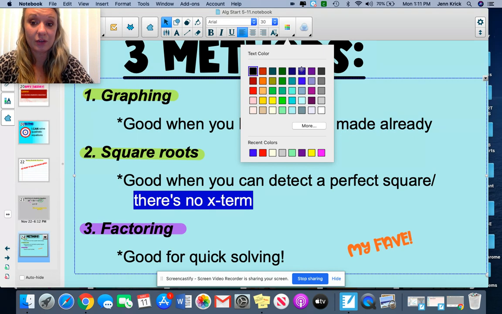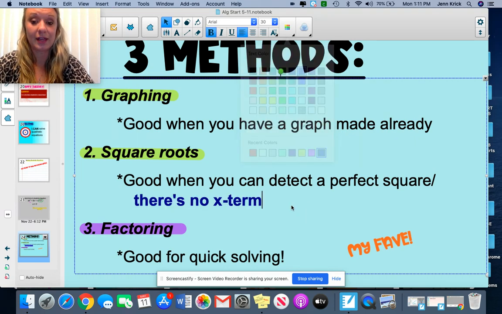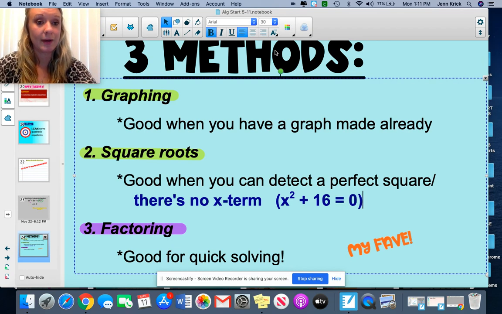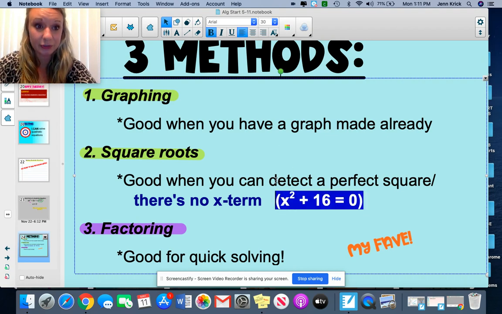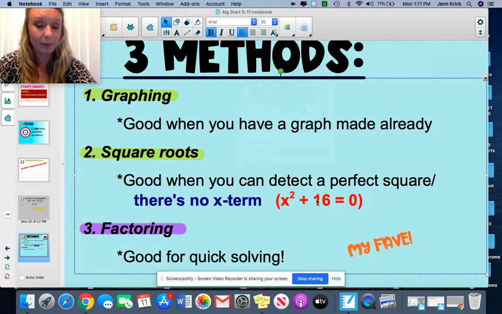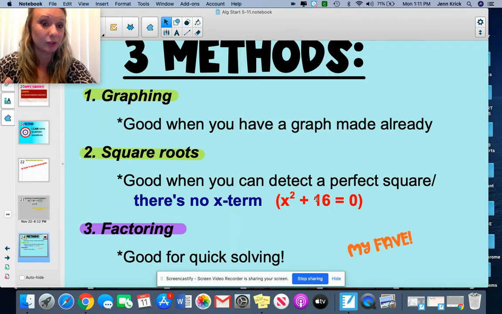So if you see a quadratic like x squared plus 16 equals 0, notice how there's no x term. There's no 5x or minus 3x or whatever. It's just x squared and a constant. This is your clue that you're going to want to solve using the square roots method. You also see that you've got a perfect square here with 16, so that's another clue for you.